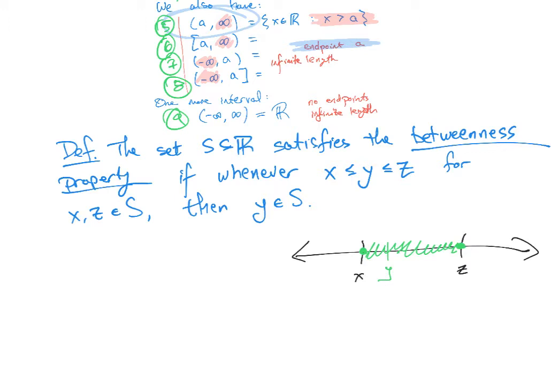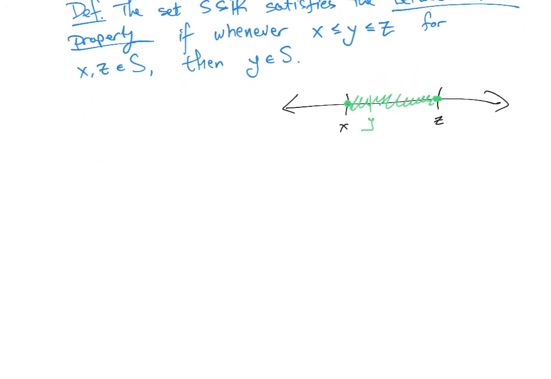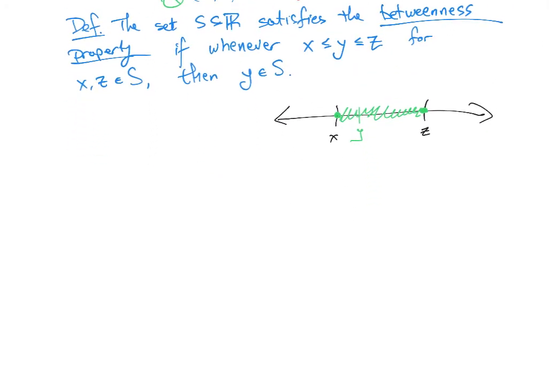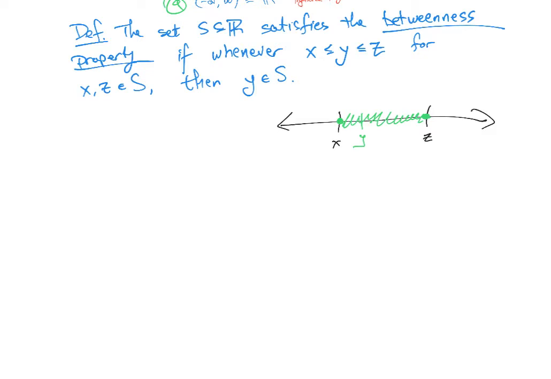Now, I hope we can all agree that the 9 types of intervals we've defined above all satisfy the betweenness property. What I'd like to prove now is that any set that satisfies the betweenness property is one of those 9 types of intervals. That is our first theorem for today. I'm going to keep the betweenness property for as long as we can.